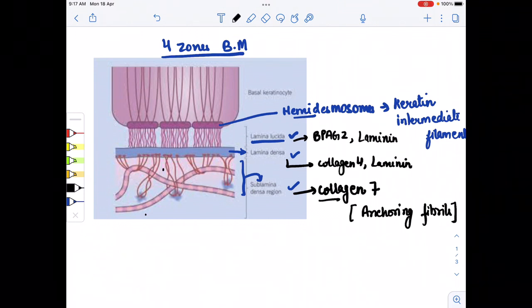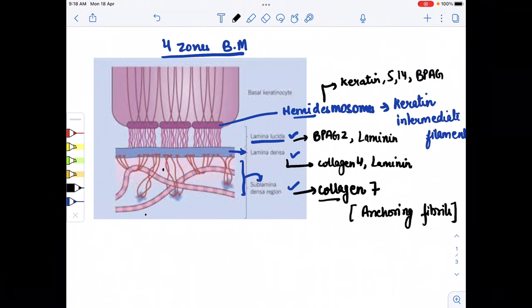For the hemidesmosomes we have keratin 5, keratin 14, BPAG2 and BPAG1, because it involves the keratin filaments. So these are the proteins present in the different zones: in the hemidesmosomes keratin 5, 14 and BPAG2, in the lamina lucida BPAG2, in the lamina densa laminin, and in the sublamina densa collagen 7.